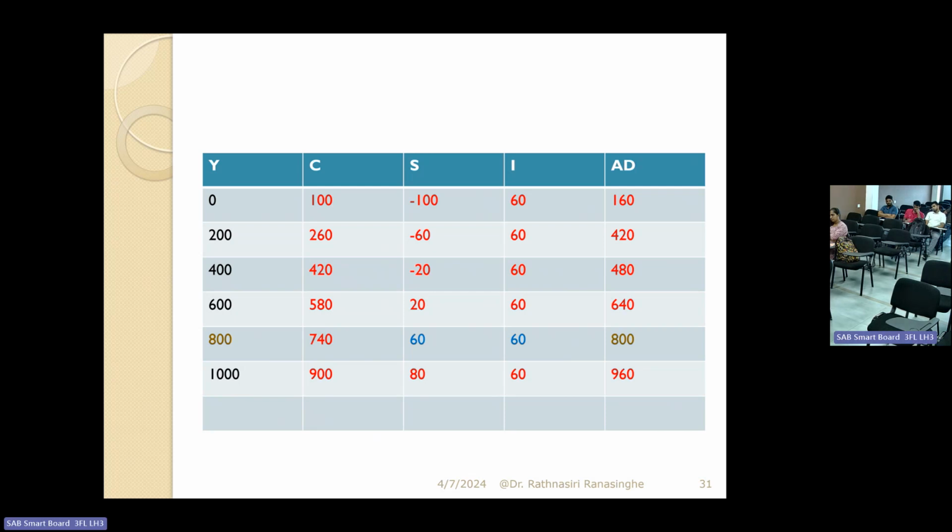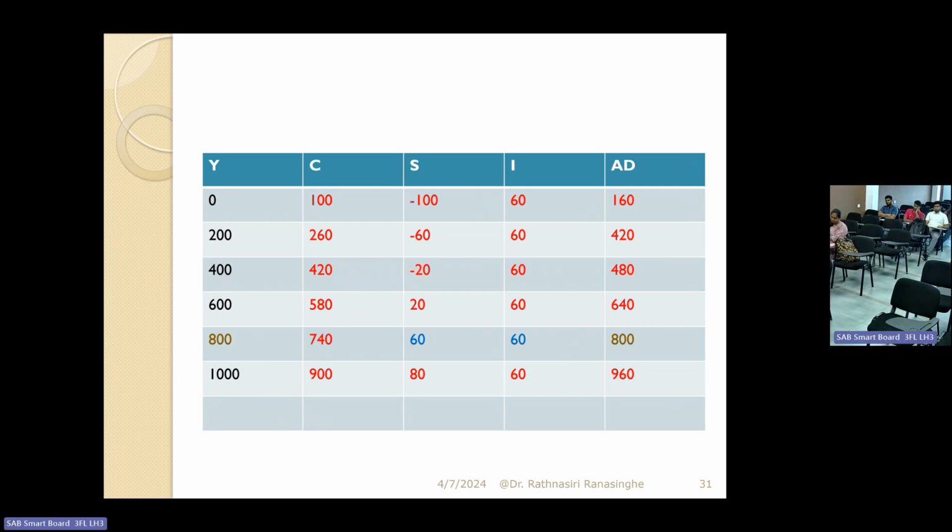Initially we consume more than our income, so there is negative savings. But after a certain point, our consumption is less than the income, and that is saving. And investment is 60, given, autonomous. By adding the consumption and investment, you get aggregate demand.